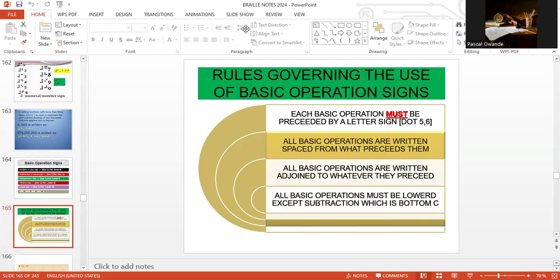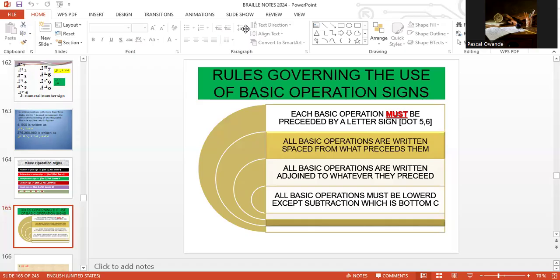It is a must. Number two, all basic operation signs are written spaced from what precedes them.